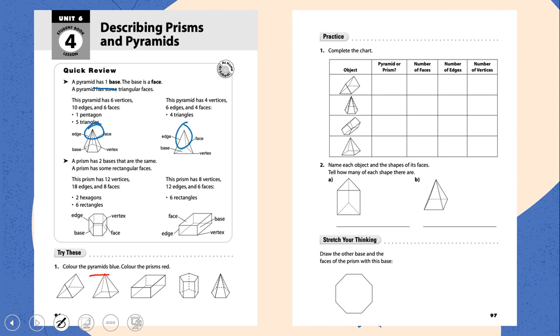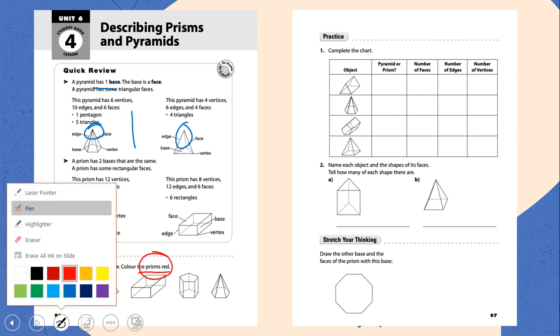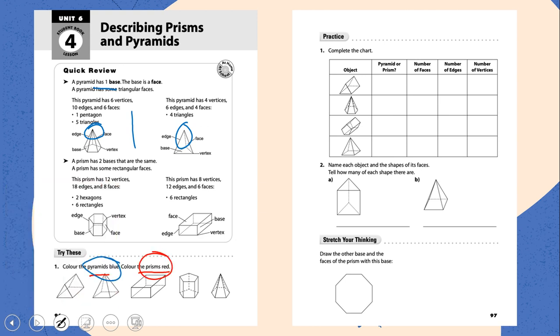So if it has only one pointy bit at the top, then it is a pyramid, and you're going to color those blue. Everything else, the prisms, you are going to color red. It doesn't have to be beautiful coloring, you can circle them, or just put a line, and then you're done.